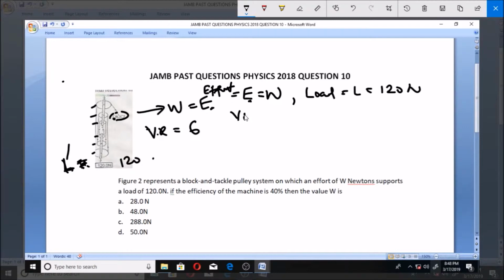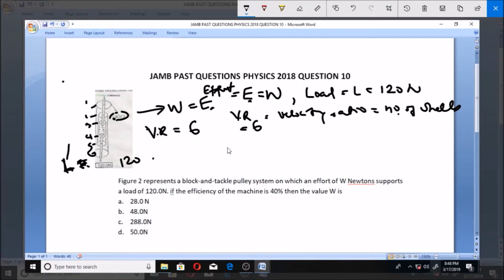Another thing that is given is VR, which we call velocity ratio. I want to give us the formula before I start solving. How do you get this? By the number of wheels. I just counted the wheels: 1, 2, 3, 4, 5, 6. So VR is equal to 6.